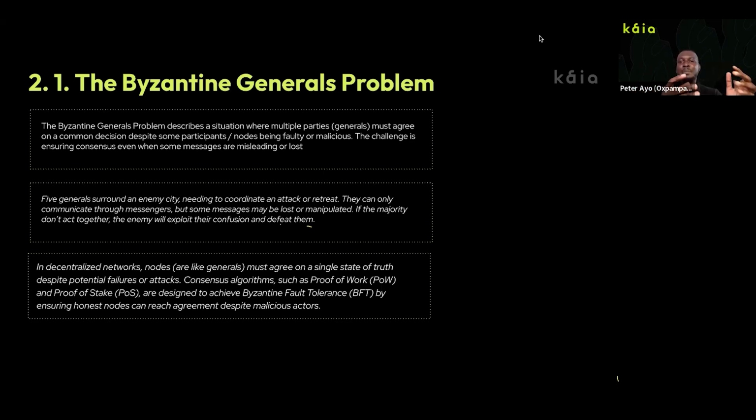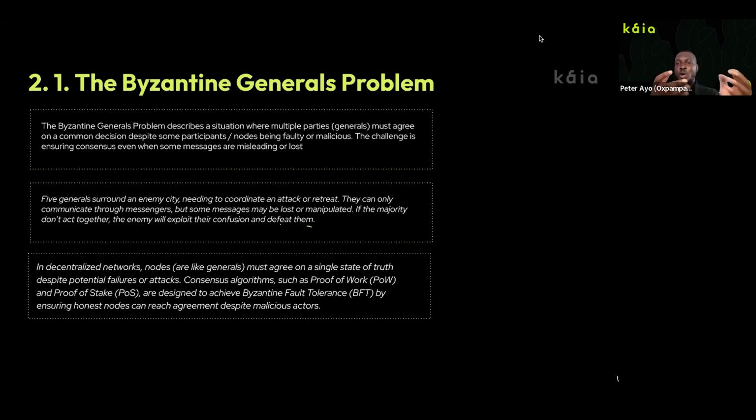Now, there is an army of generals who want to attack a city at the same time, right? But there are two factors that might prevent them from achieving that goal. First is that there might be malicious generals who have partnered with the enemy city or country, or there might be interception in communication, right?